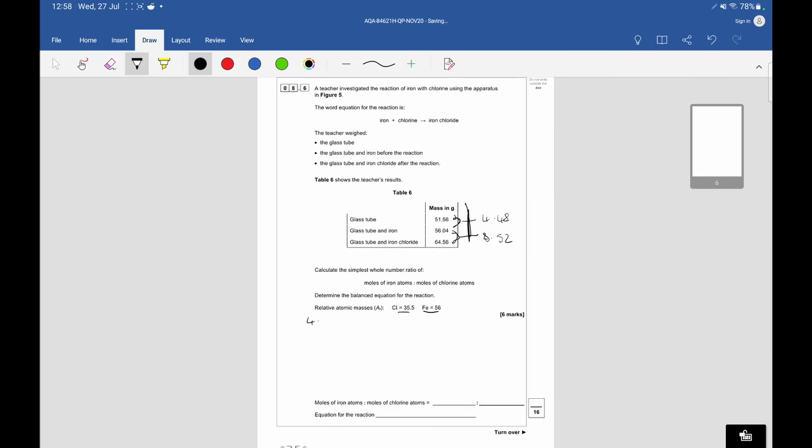So if we do 4.48 divided by 56, this gives us a number of moles of 0.08. If we do 8.52 divided by 35.5, it gives us an answer of 0.24. How many times does 0.08 go into 0.24? It goes into it 3 times. So we have a 1:3 ratio.